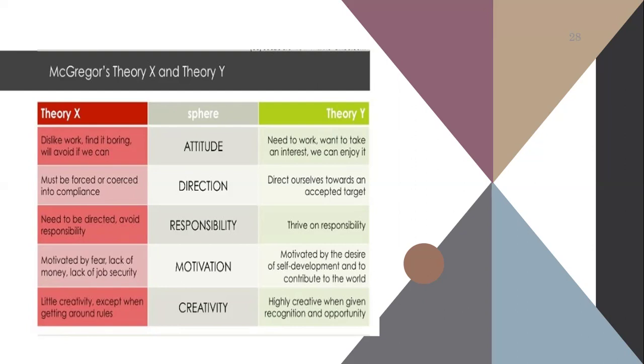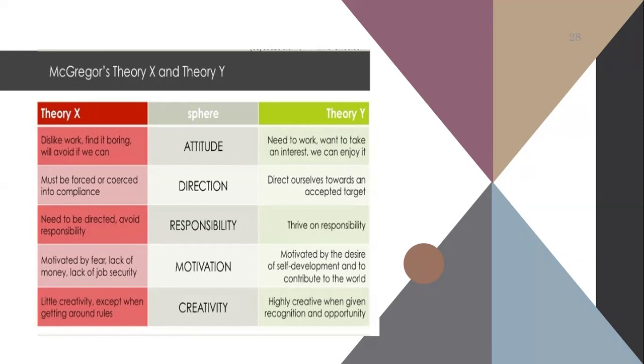In case of responsibility, theory X suggests the employees need to be directed and they avoid responsibility at any cost. But theory Y suggests the employee thrives on responsibility. In case of motivation, employees are motivated by fear, lack of money, and lack of job security in theory X. But in theory Y, the motivation comes from the desire for self-development and to contribute towards the world.